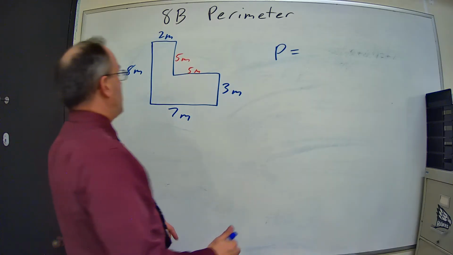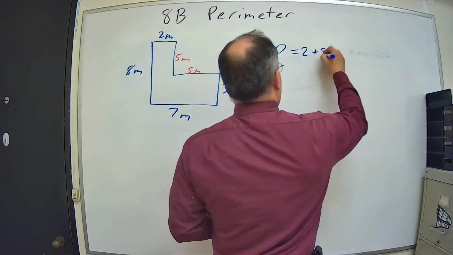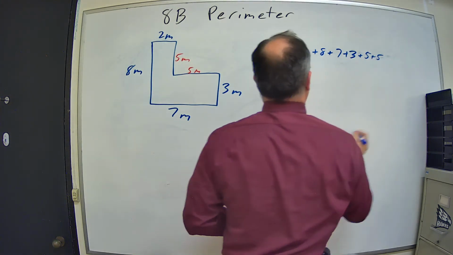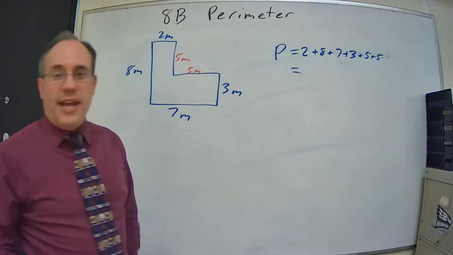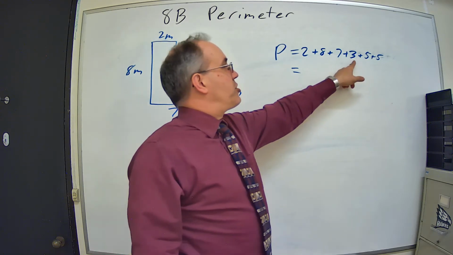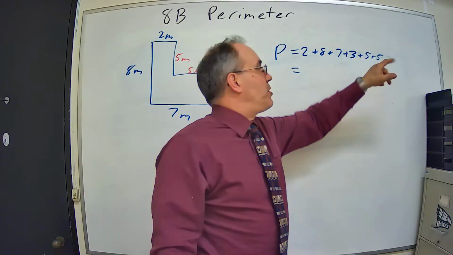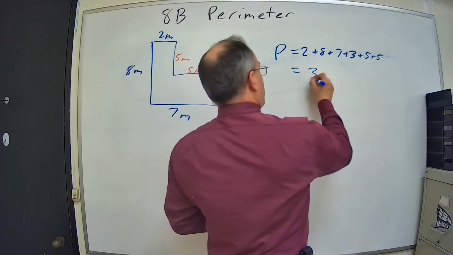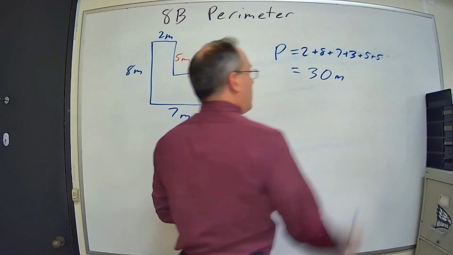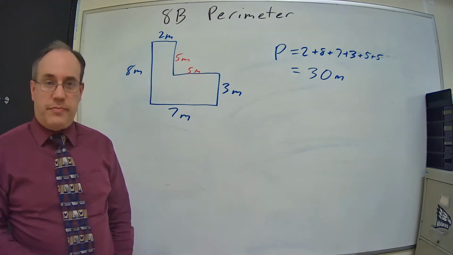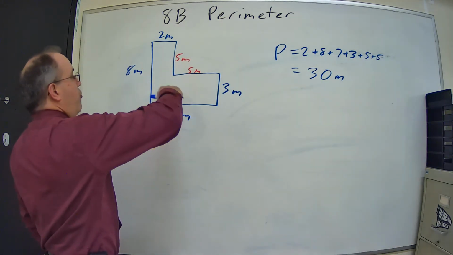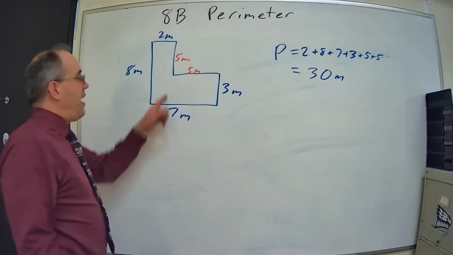So I have 2 plus 8 plus 7 plus 3 plus 5 plus 5. 2 plus 8 is 10, plus 7 is 17, plus 3 is 20, plus 5 is 25, plus 5 is 30. So we have 30, and the unit was meters. So 30 meters.